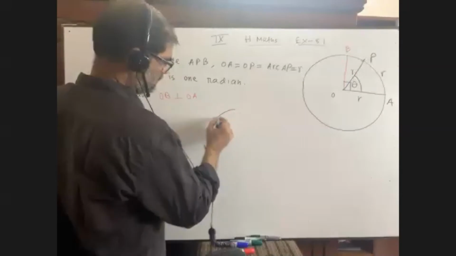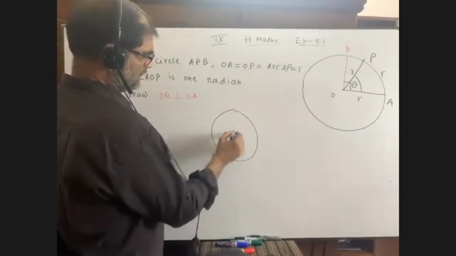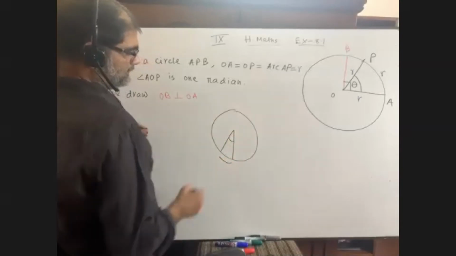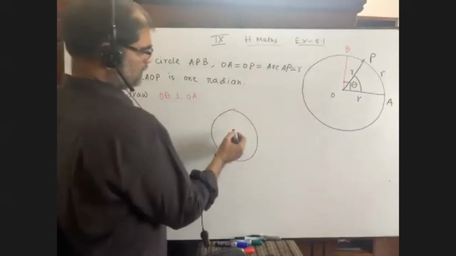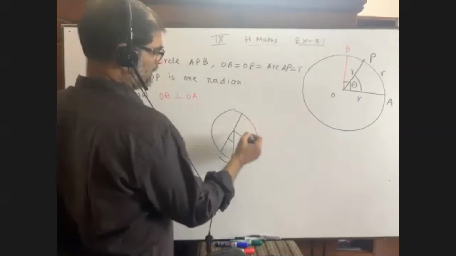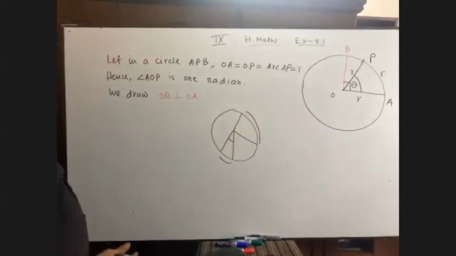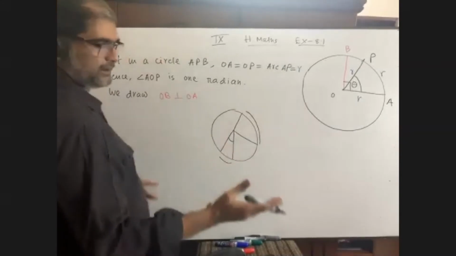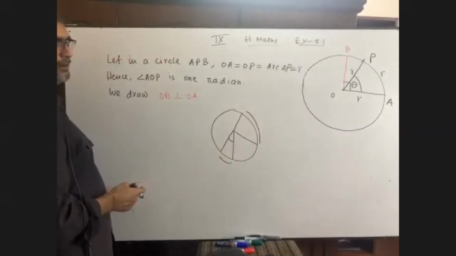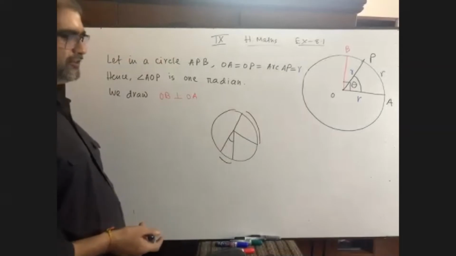Suppose it is an angle formed by this arc. So if I draw another angle, it is formed by this arc, right? I mean, if the angle increases, the arc will be increased. If the angle decreases, the arc will be decreased, right?